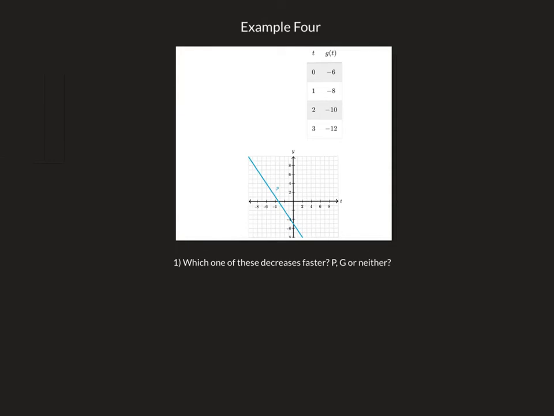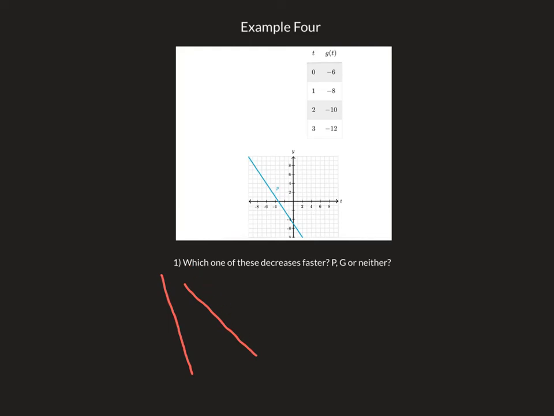One would be steeper, would be decreasing more. One would look something like that, and the other may look something like this. And we know that this line is going down quicker than this line.